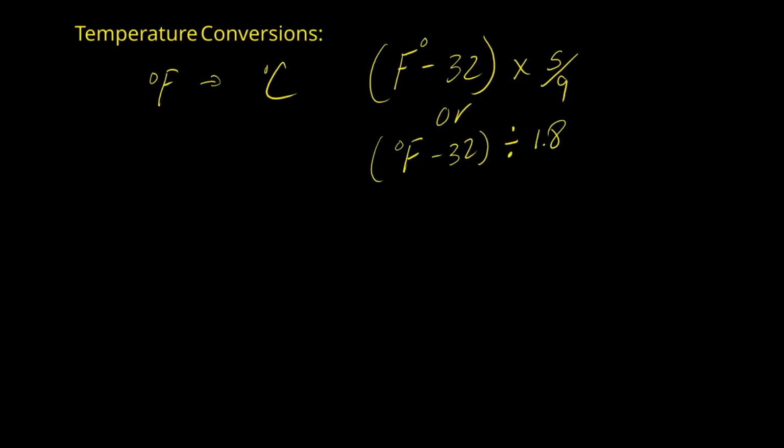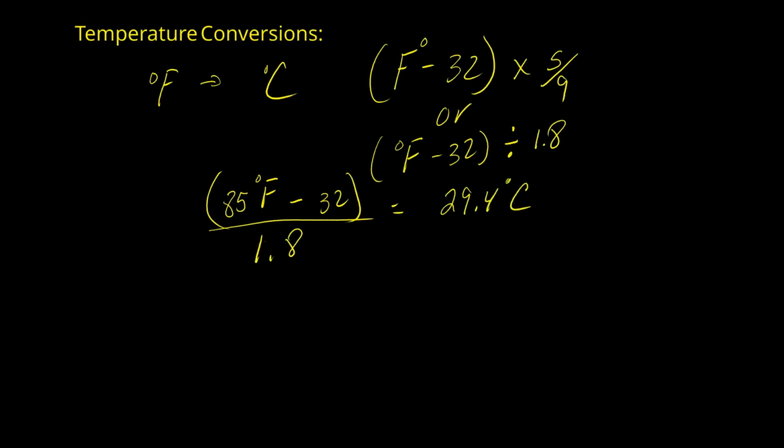So an example here would be like if I have, let's say, 85 degrees Fahrenheit. If I were to subtract 32 from this, and let's say divide by 1.8, it would give me 29.4 degrees Celsius.